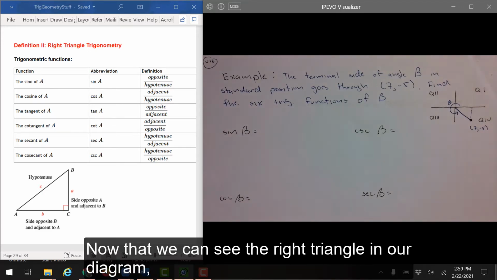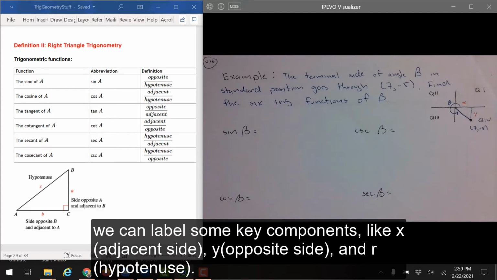Now that we can see the right triangle in our diagram, we can label some key components like x, adjacent side, y, opposite side, and r, hypotenuse.